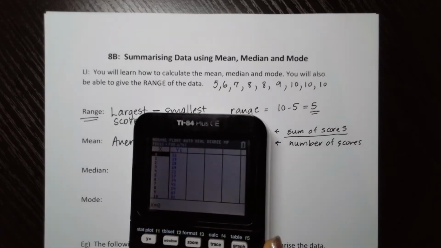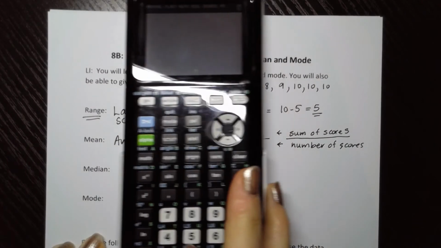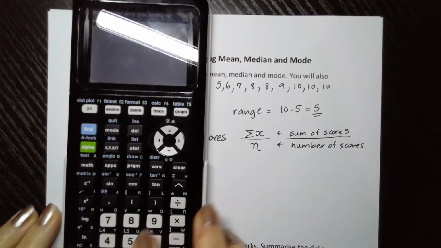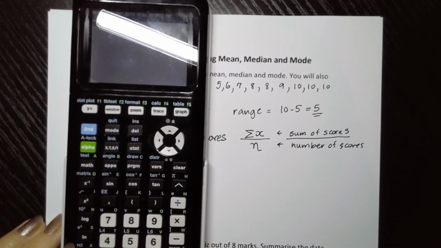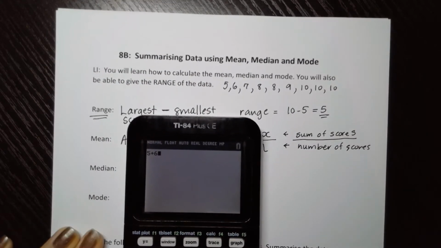Okay, beautiful. I always use a calculator to do this, so I'm going to use my calculator. I know it's the big calculator, but yours works exactly the same way. So I'm going to add up all those scores. 5 plus 6 plus 7 plus 8 plus 8 plus 9 plus 10 plus 10 plus 10. Just add up all the scores and you get 73.